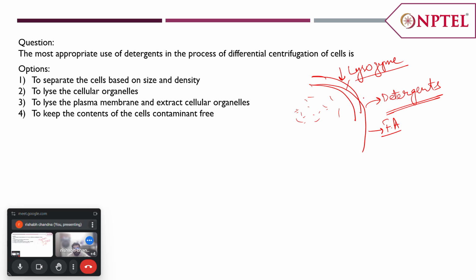These basically remove the interaction between the phospholipid molecules, and will break this membrane open, and that will help us to remove all the components in the cytoplasm. So it helps to lyse the plasma membrane and extract the cellular organelles. So the correct answer is option number 3. Any doubts in this question?